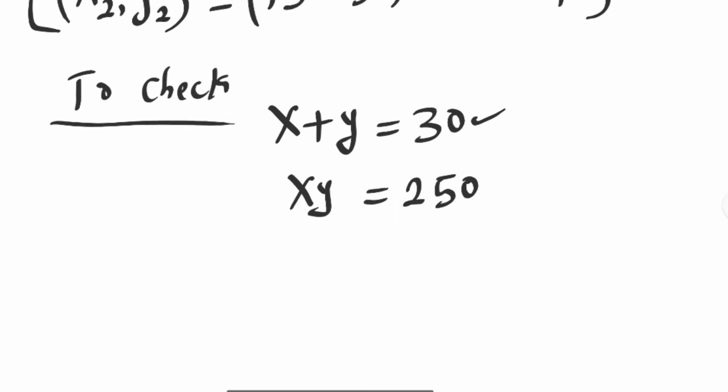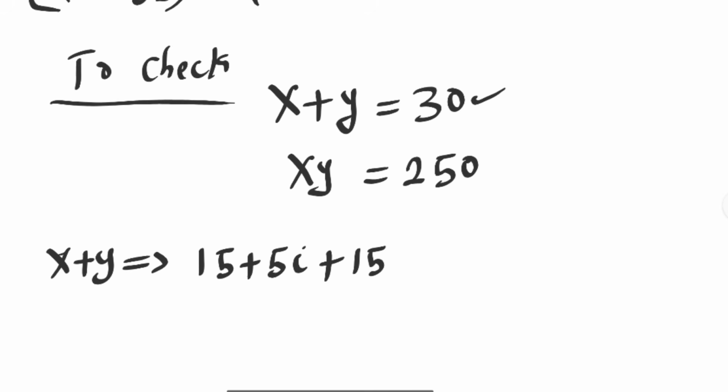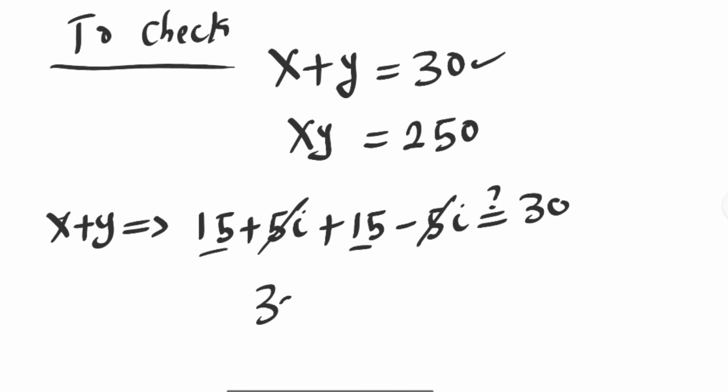Let us consider this. x plus y can be written as 15 plus 5i plus 15 minus 5i, must be equal to 30. This cancels this. We have 15 plus 15. This is 30 is equal to 30, which is true.